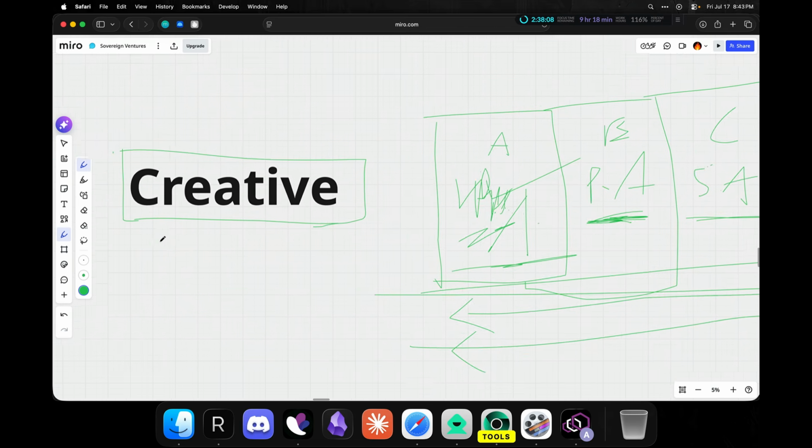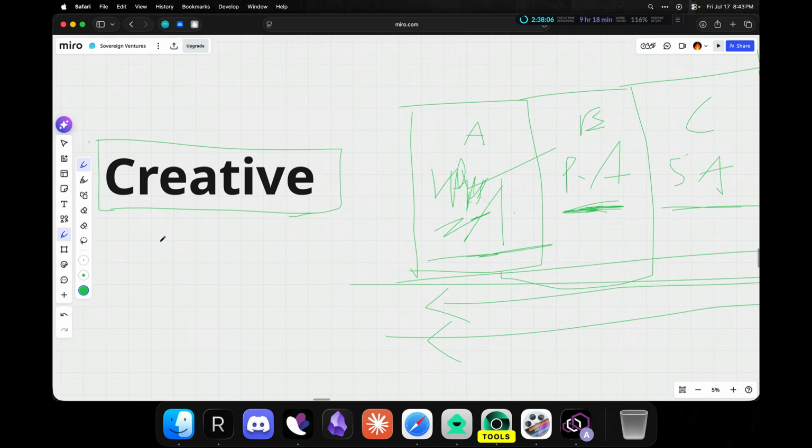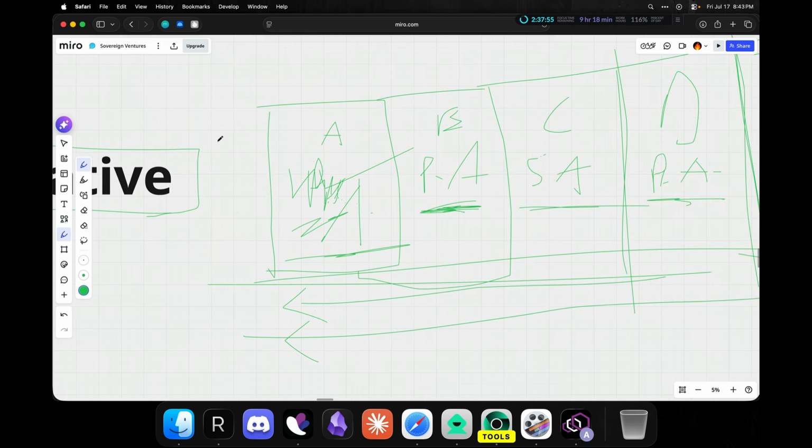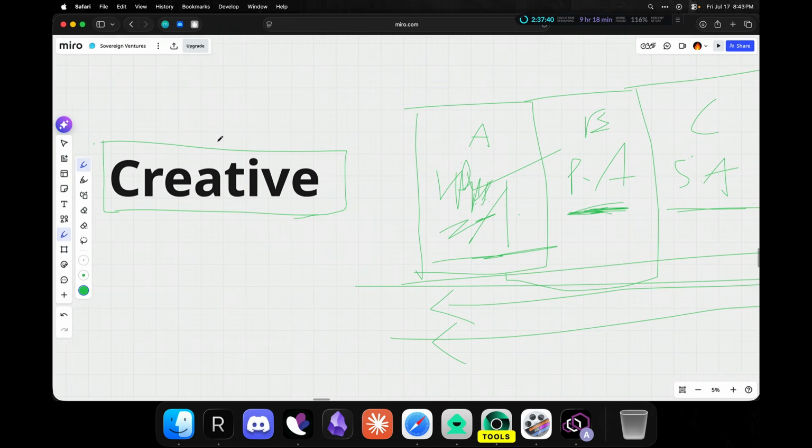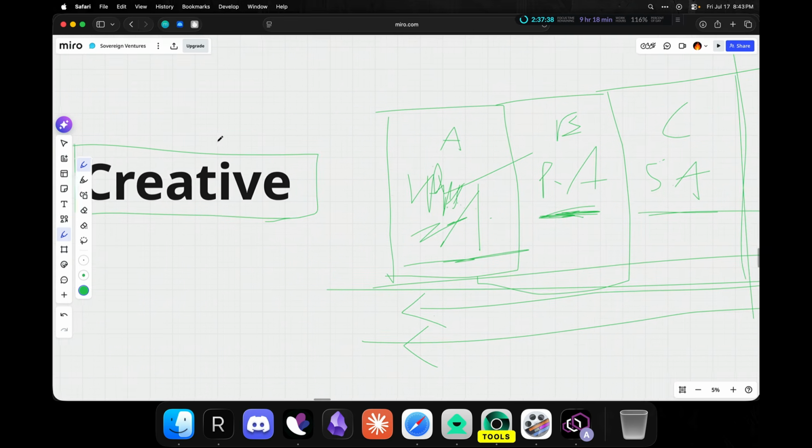Beyond the ROAS, beyond the budget, and beyond the 25% increase that everybody tells you to, you need to understand that this creative is being looked at by thousands and thousands of people, and for them to buy from you, you need to understand what their problem is, what they're suffering from, what they're struggling with, and then pitch your solution in a way that convinces them that this is what is going to solve their problems. Okay? And if you're not able to do that, then they will not buy from you. It's as simple as that.